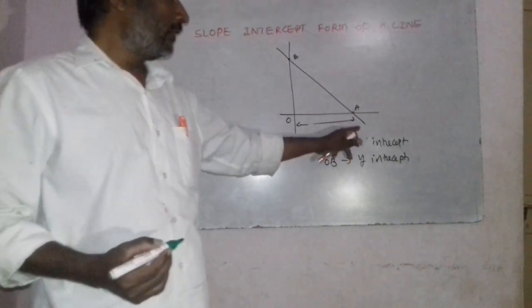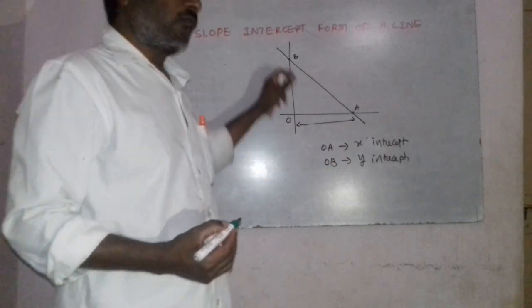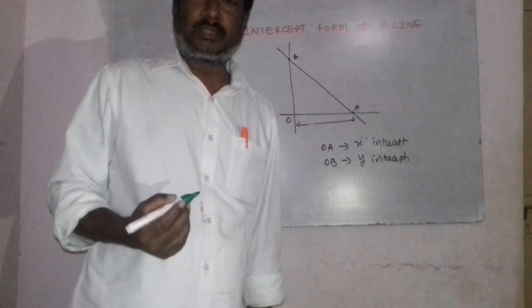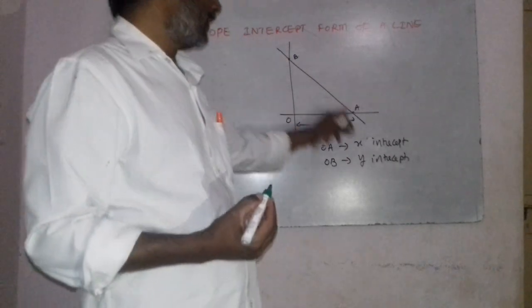So OA is the x-intercept, OB is the y-intercept, that is the distances on the coordinate axis that are made by a straight line.